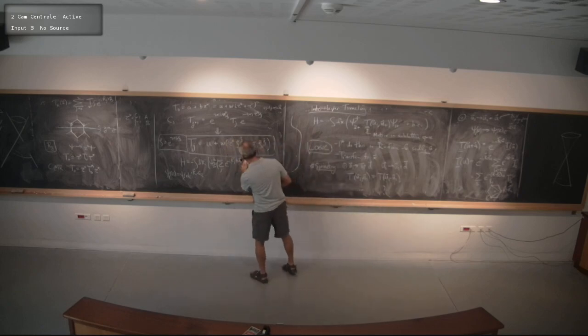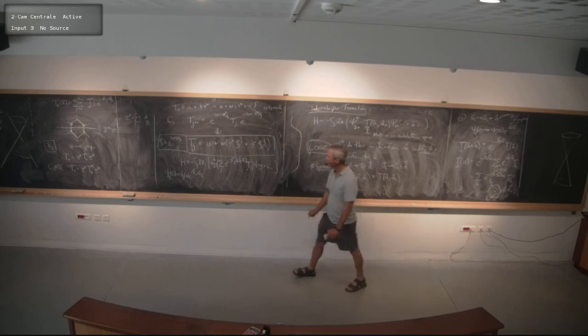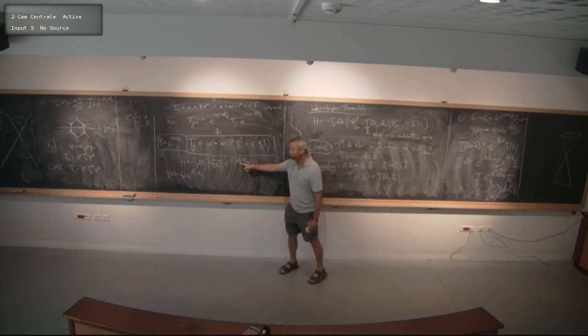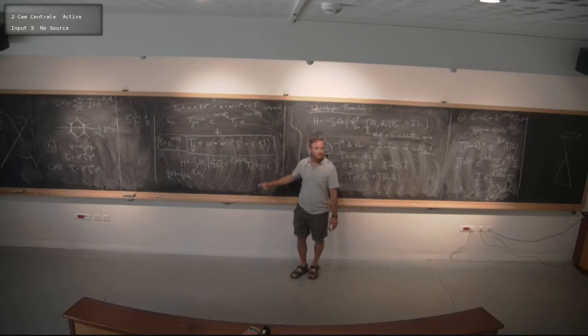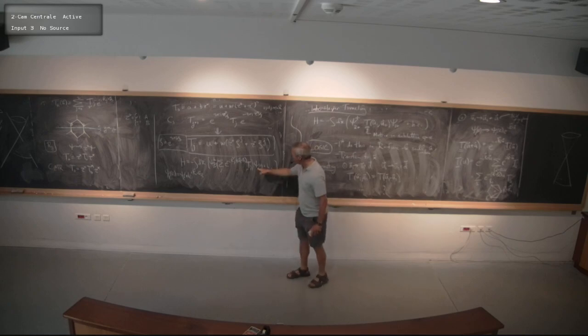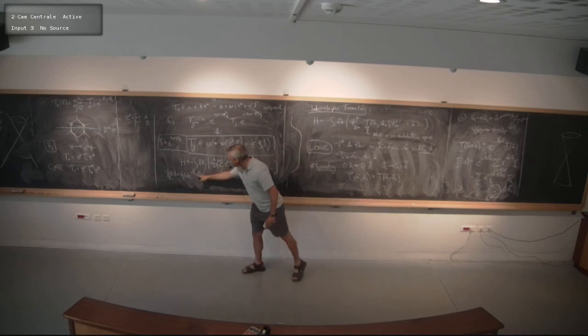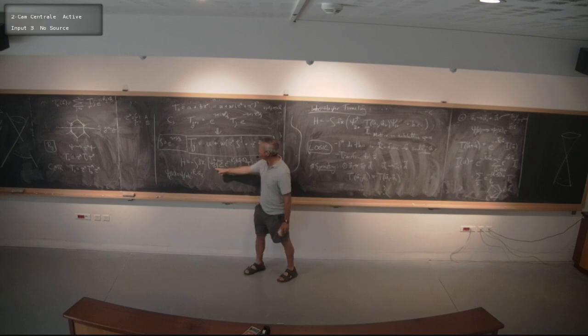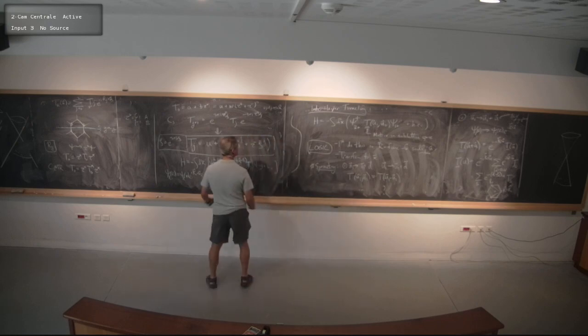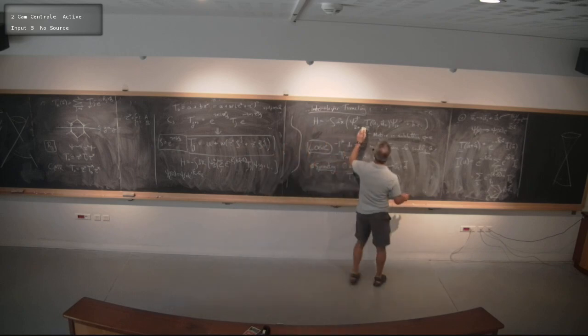Remember, very early on we determined it was a function of u1 minus u2. So this psi1 brings a factor of e to the i k0 dot u1. This brings a factor of e to the minus i k0 dot u2.